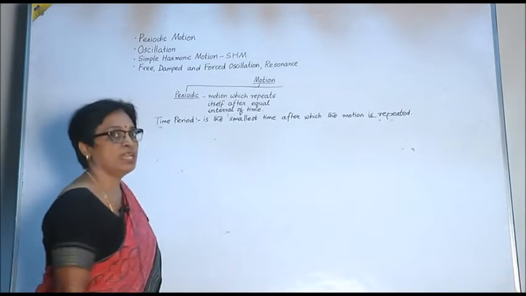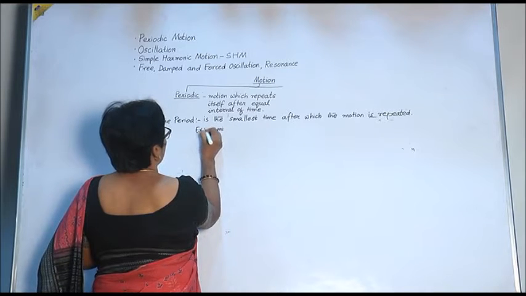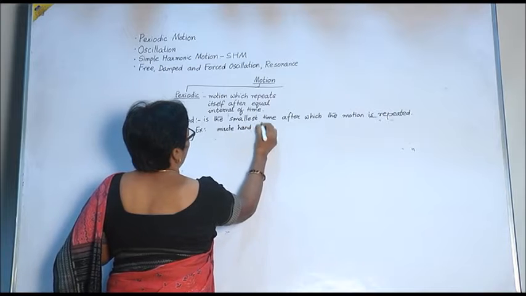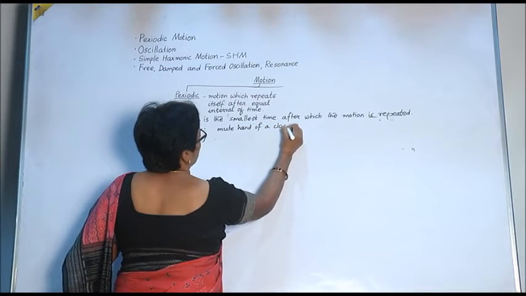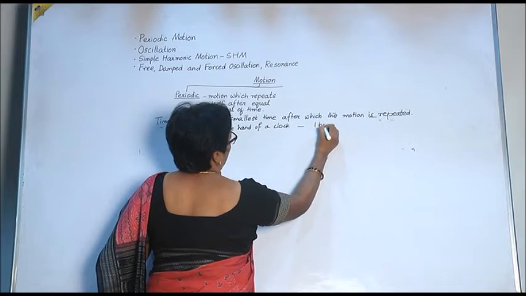For example, in the case of the minute hand of a clock, the time period is 1 hour.